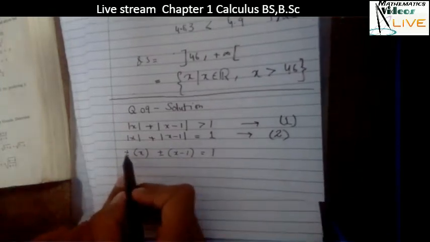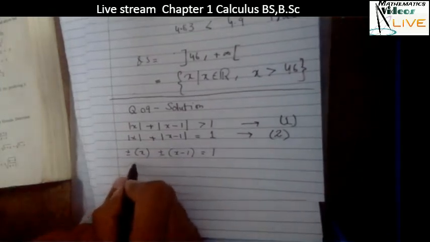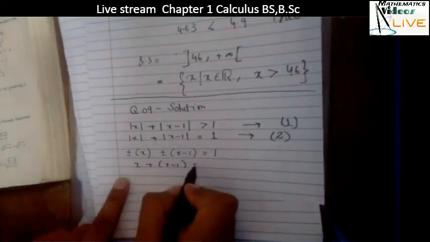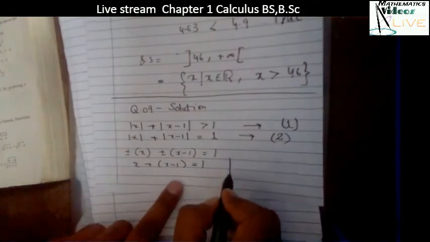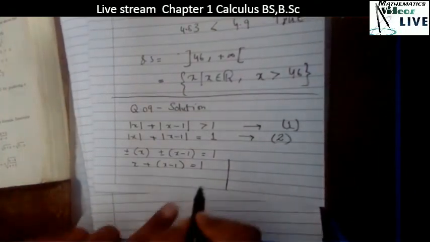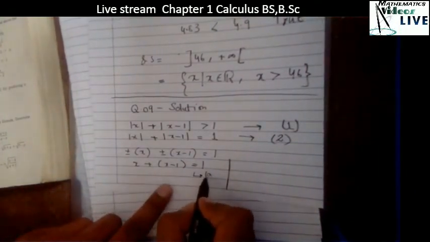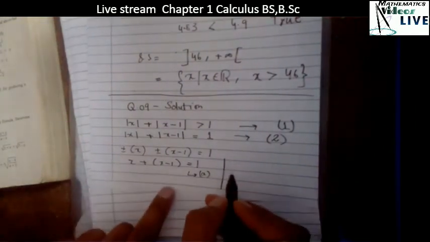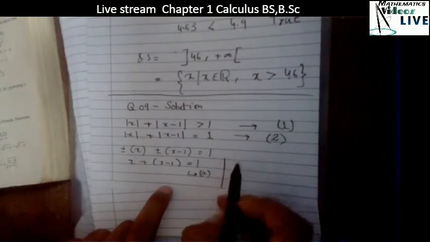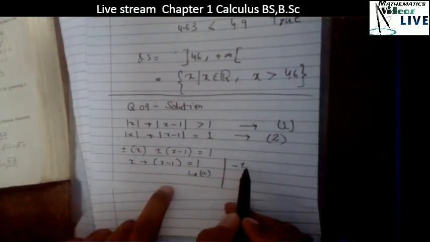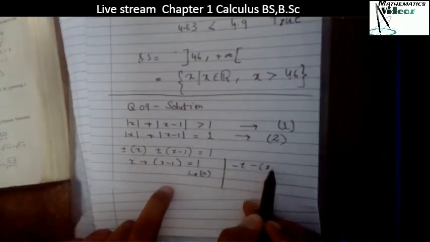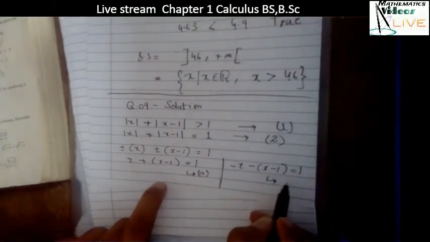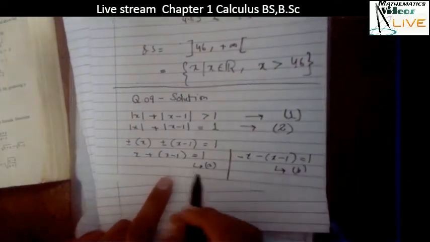When the absolute sign is removed, we get plus minus x, similarly plus minus x minus 1 is equal to 1. Note that there could be 4 equations. We can form 4 equations from this one. The first one is to take this x as positive and this expression as positive.